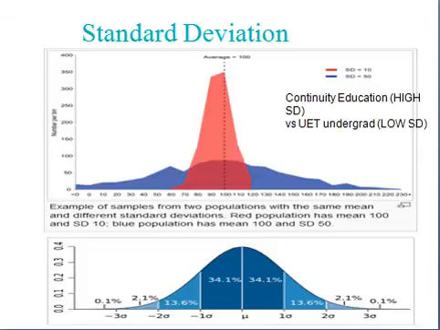So here we will have a very small standard deviation. However, for the blue, the data points are very far from the mean, right? So that's why it will have a very high standard deviation. Here you can see that the standard deviation for the red sample is 10 and for blue it is 50.